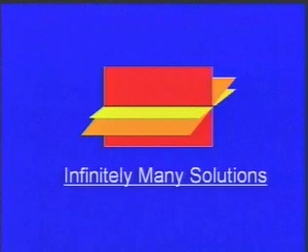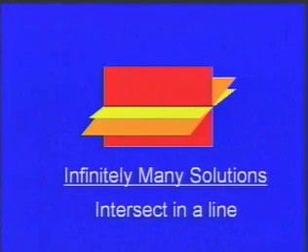Now a line has infinitely many points on it, and so this again would have infinitely many solutions. So there are a couple different ways we can get infinitely many solutions with three planes. But still the only things that could happen were one solution, no solution, or infinitely many solutions. There's no way with three planes to get two solutions or five solutions or something crazy like that. We're only going to get either one, none, or infinite.